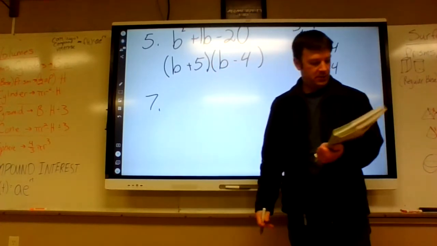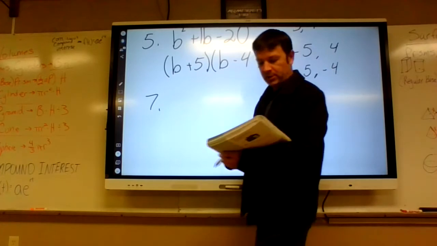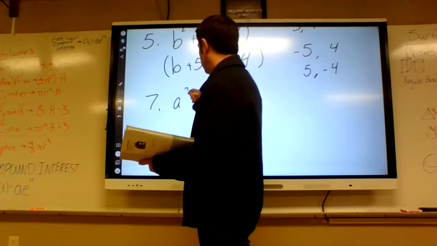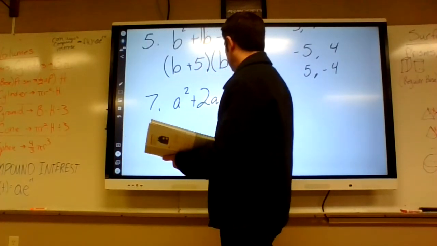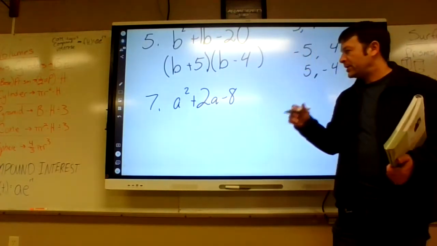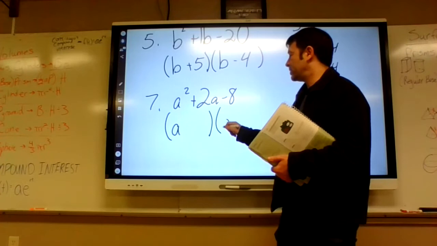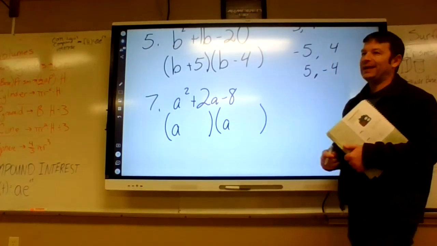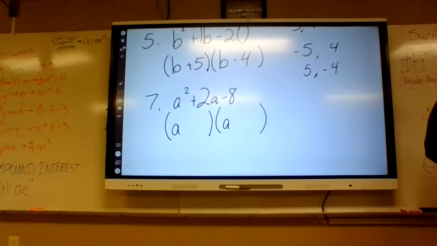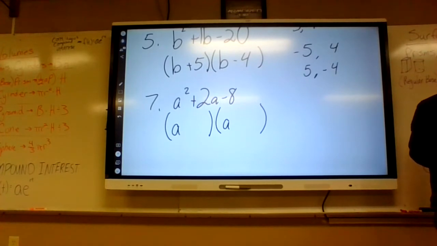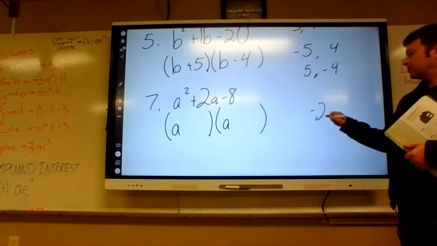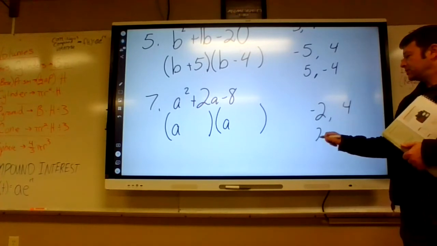Number 7: a squared plus 2a minus 8. What can multiply into -8? -2 and 4, or 2 and -4.